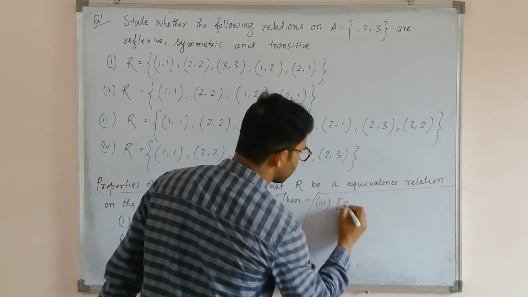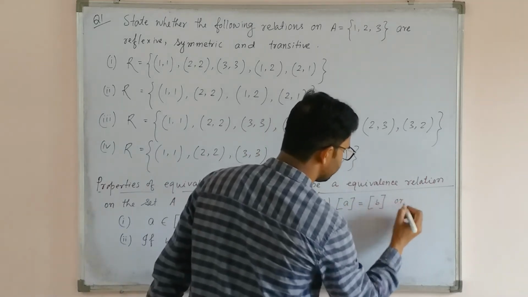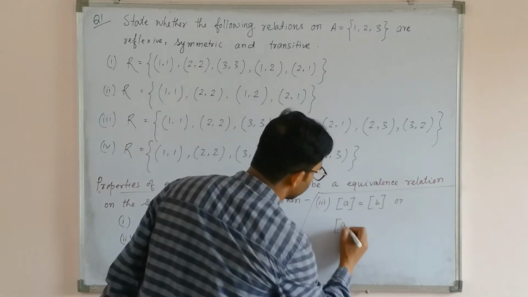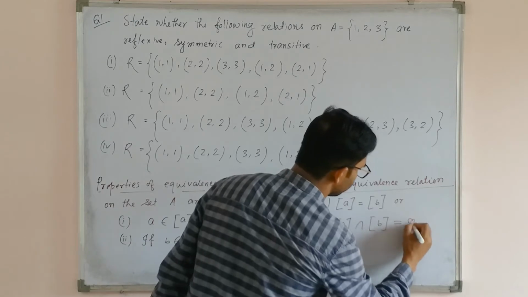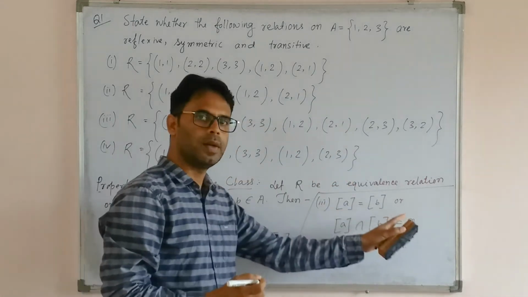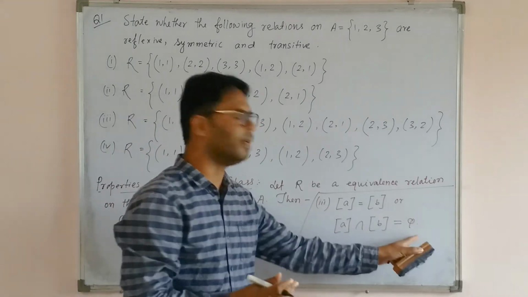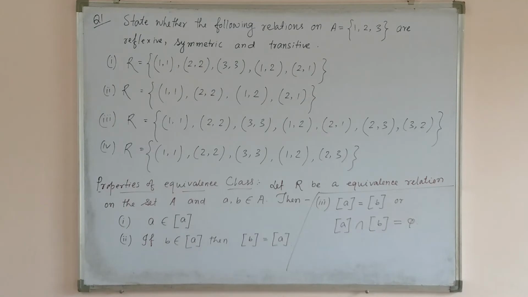Either the equivalence class of a is equal to the equivalence class of b, or the equivalence class of a intersection the equivalence class of b is equal to phi. That means they are pairwise disjoint. Either they are completely equal, or completely different. That is one of the important properties of equivalence class.